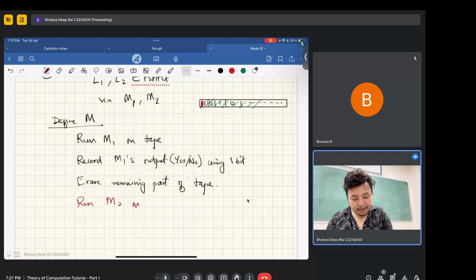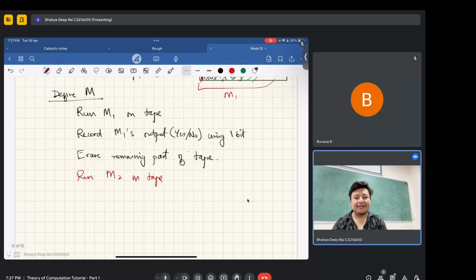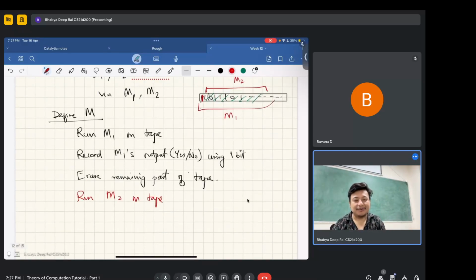So again I'll run M2 here, where I ran M1. Anyway, it is going to take polynomial space. Why? Because how much space am I using? The space I'm using is the maximum between the space taken by M1 and M2. Space taken by M is the maximum.